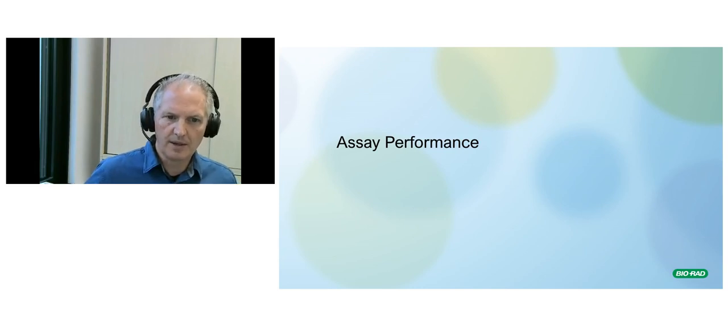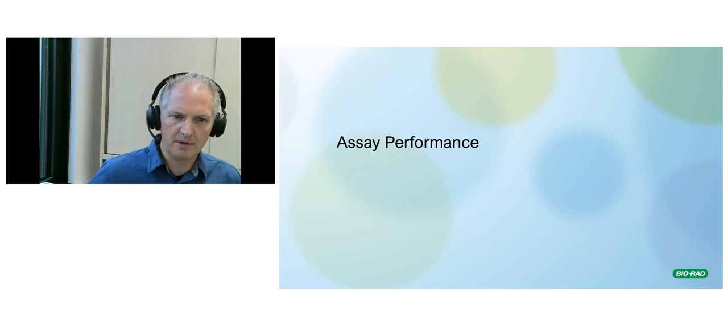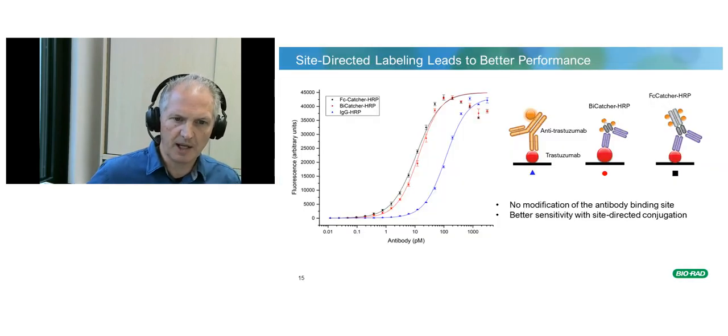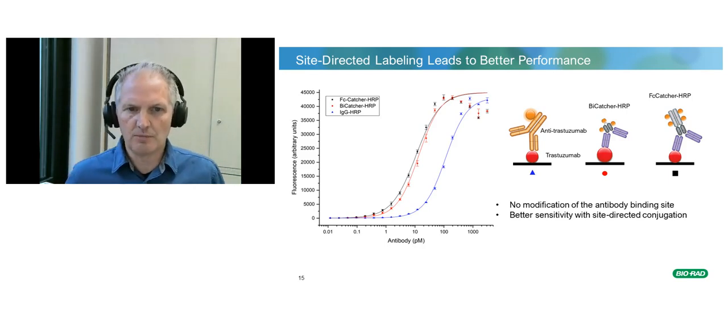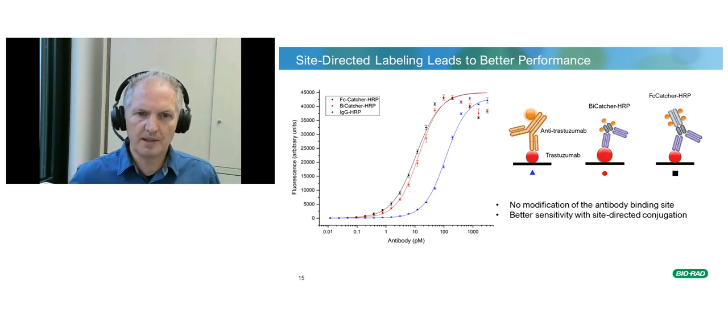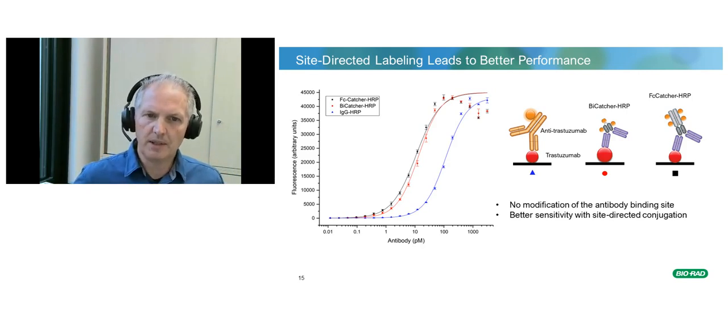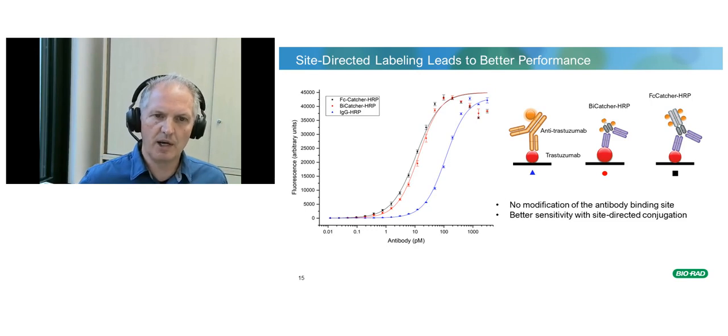So let's look at the assay performance of these SpyTagged coupled antibodies. And let's start with a direct ELISA. The antigen is trastuzumab coated to an ELISA plate. And then we detect it with an HRP conjugated IgG, conventionally conjugated to HRP.